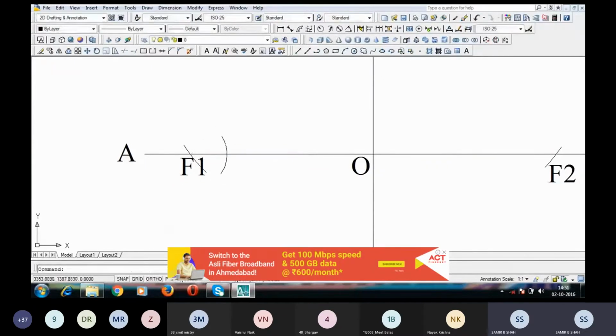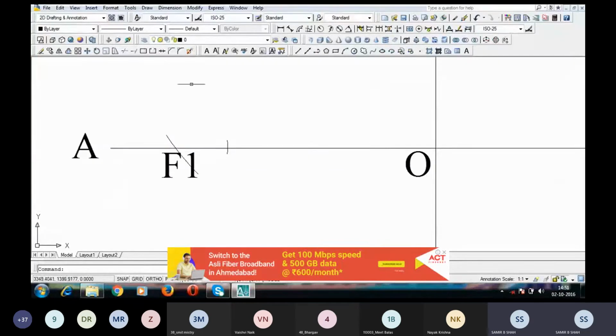One centimeter, so that's a 1 centimeter arc. Now I'll shorten the length of this arc. I don't want it to be big. Well, you guys can perform this pretty well on your drawing sheets.